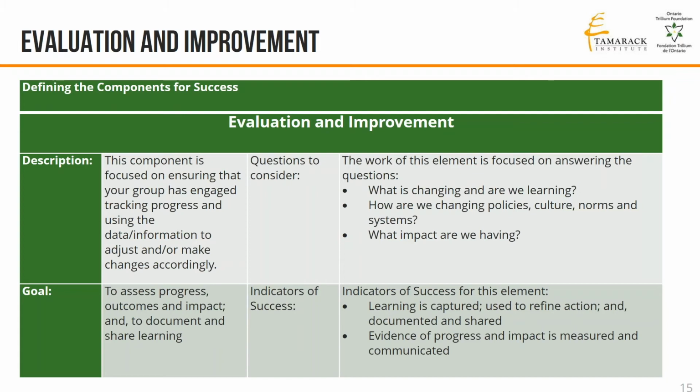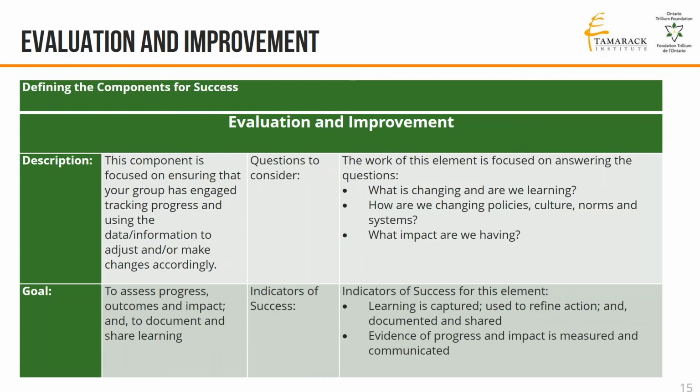So in terms of questions to consider, what is changing, and are we learning from these changes? How are we changing or influencing policies, cultures, norms, and systems? And what impact are we having? Are we actually seeing our collective impact initiative having an impact?